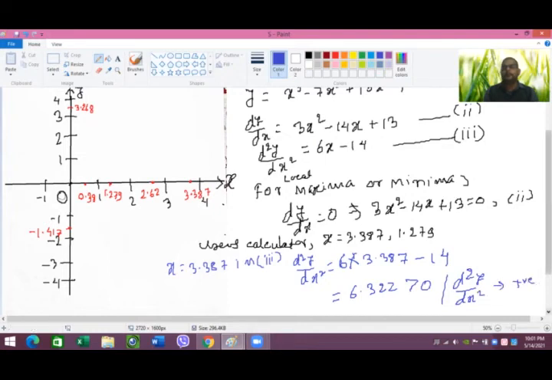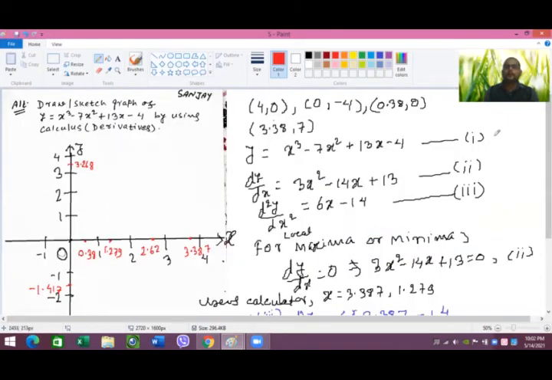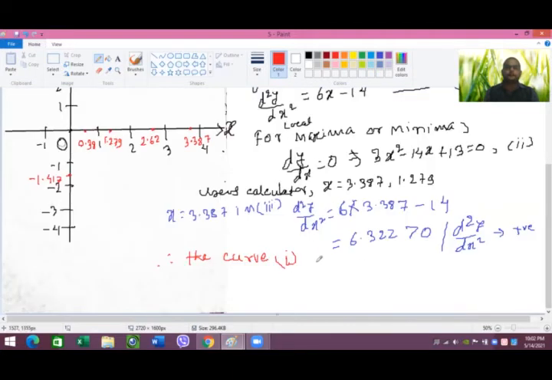So if the second derivative is positive, you can say that therefore the curve 1, as we have named it here, attains maximum value, sorry, because it is positive, so we can say it attains minimum value at x equals 3.387.